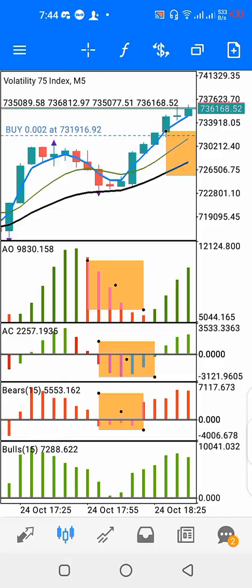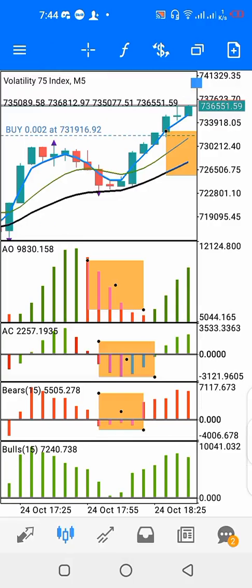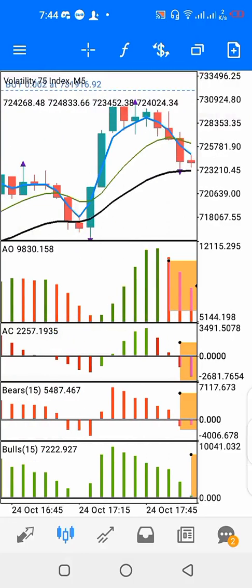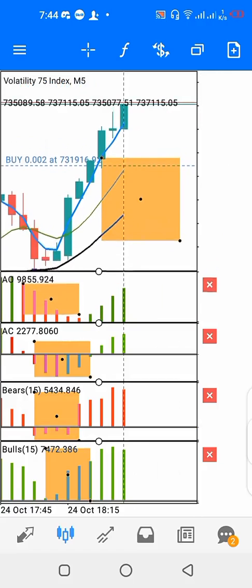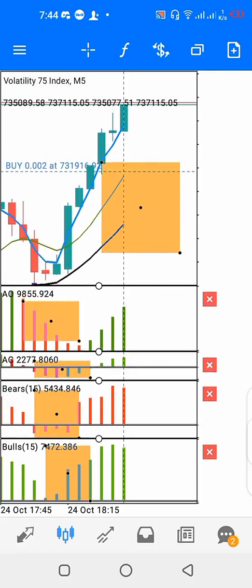And then on indicator window 3, I have BS power indicator. And then lastly, on indicator window 4, I have boost power indicator. So the signals across all the windows will be used for trade signal identification.